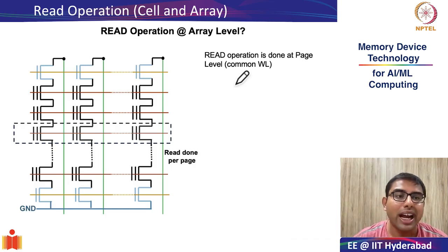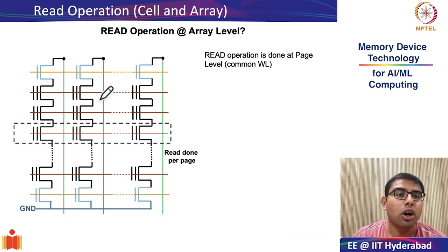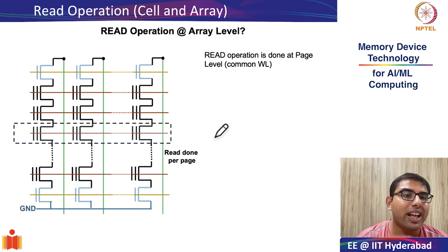And as we had discussed, since the cells you are trying to read out have other common transistors or other common cells in the string and in the page, you have to be very careful not to alter the state or read out incorrect information from the neighboring cells in the string.